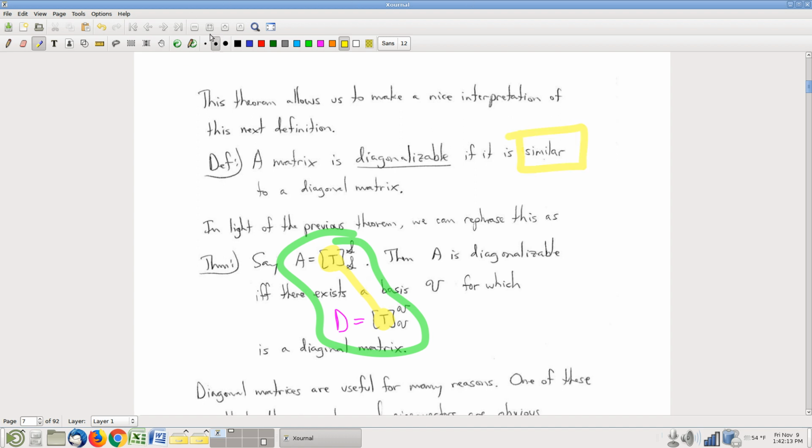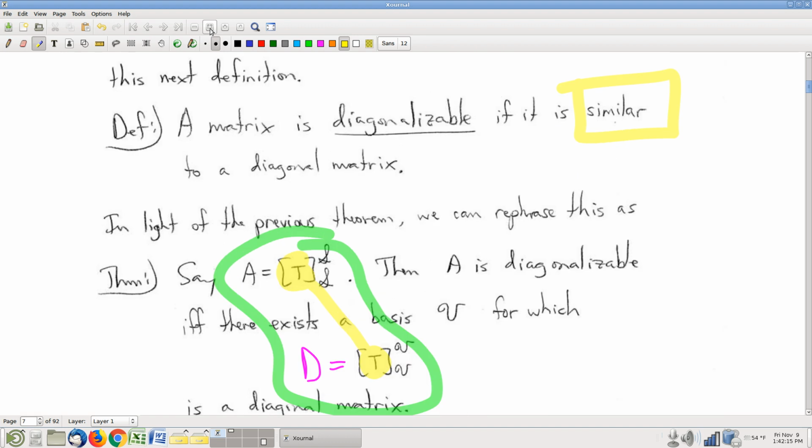If describing the same linear transformation just with respect to a different basis, the result can be made to be diagonal, then we say this is a diagonalizable matrix. In other words, said differently, this matrix that we're looking at might have that property of being similar to a diagonal matrix.